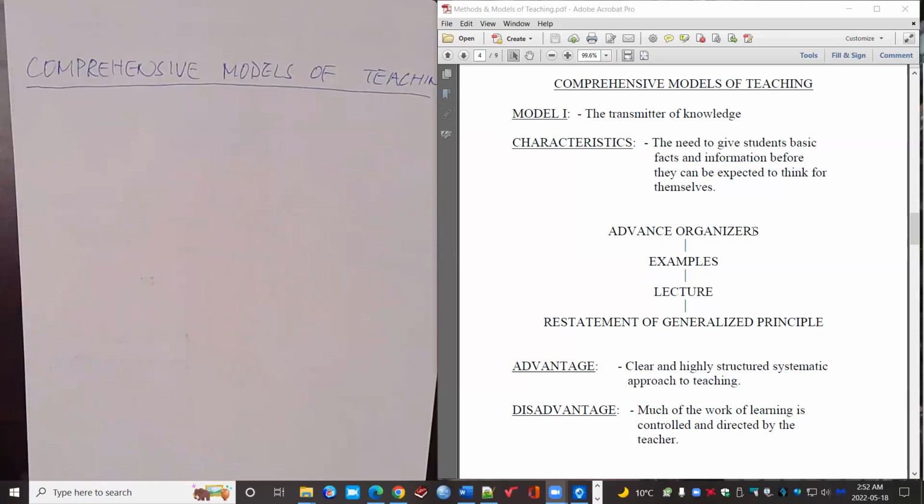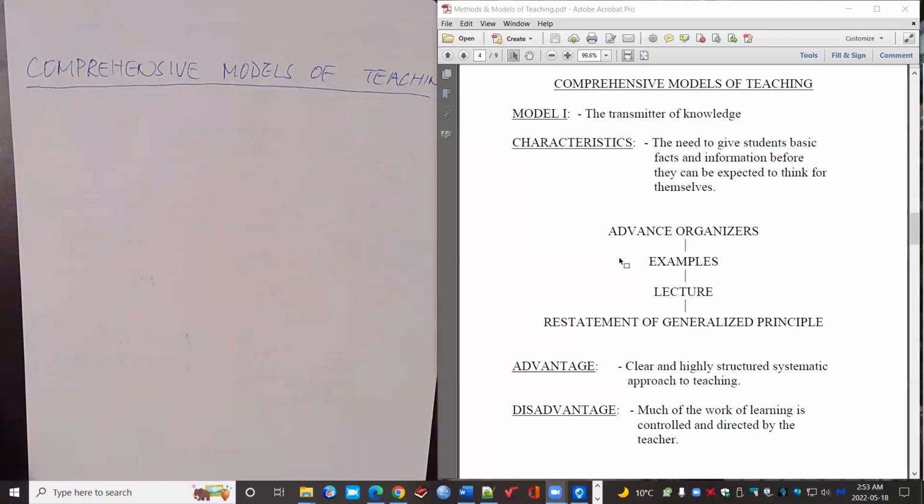Then use examples, then lecture, you give facts and information, and then reinstatement of generalized principle, like a summary, that type of thing. So you have lecture, and most of this here, these are what Flanders called direct influence, right?